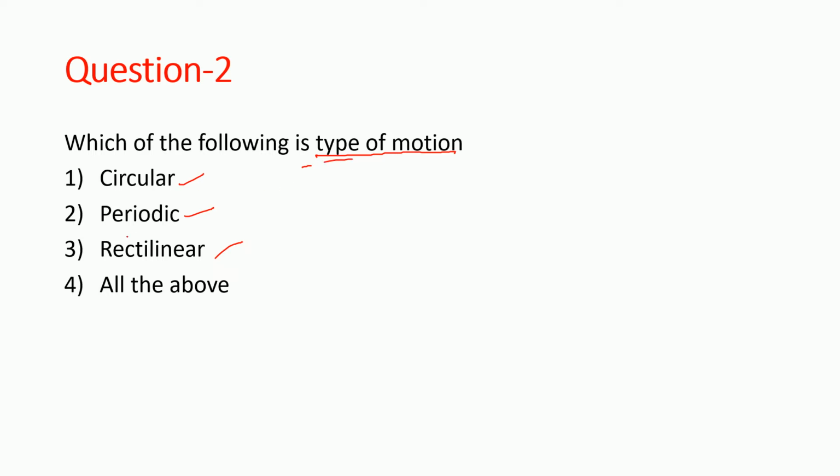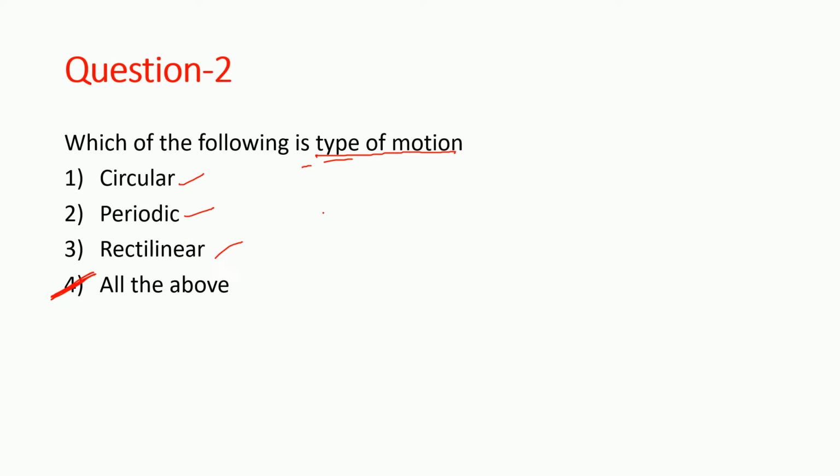So these three options are correct, so all of the above is the correct answer. So circular, periodic and rectilinear. If you want to know what circular, periodic and rectilinear motion are, then watch the previous video. In that I discussed circular, periodic and rectilinear motion with examples.